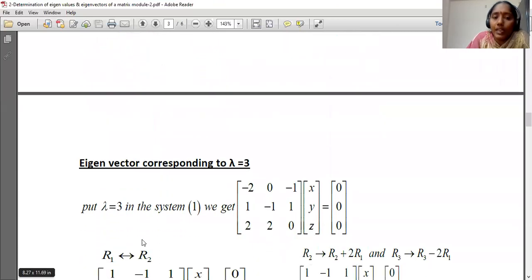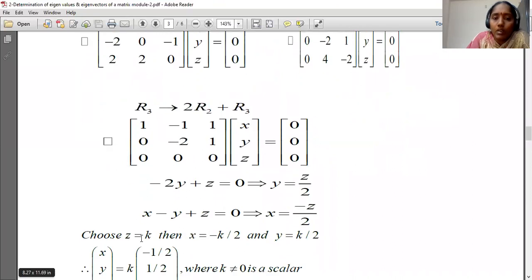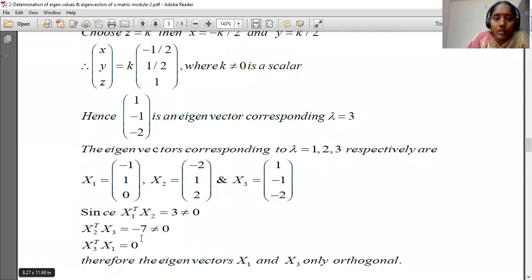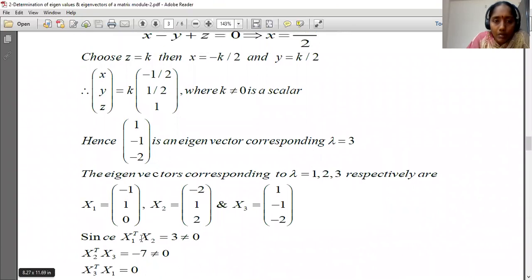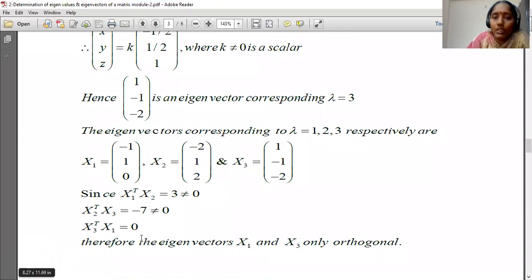Similarly, find the eigenvector corresponding to 3. Okay. So now I move to the next problem. In this problem, after finding all the eigenvectors corresponding to 1, 2, 3, which we name x1, x2, x3, we have one more question: check whether those vectors are orthogonal or not.